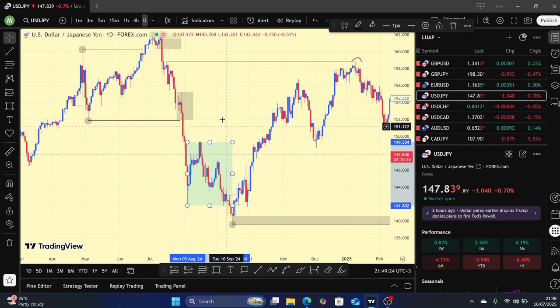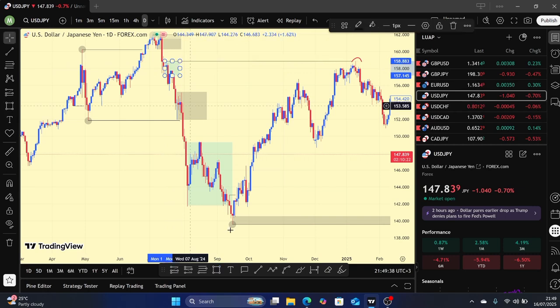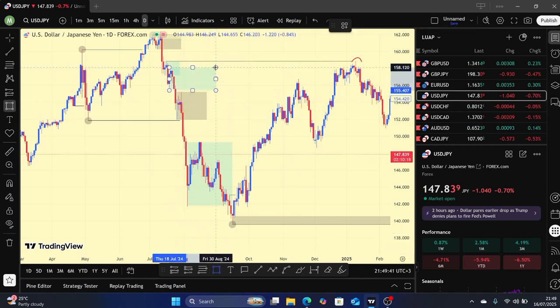So if it's mitigated, then this here is the order flow that stays unmitigated. And you can also see there is this order flow, but it is mitigated, and another order flow here which is not mitigated.